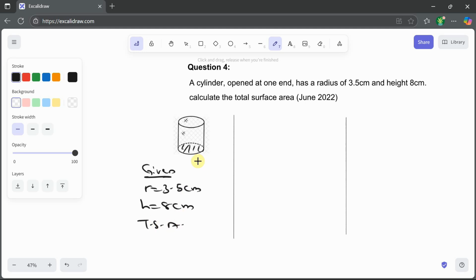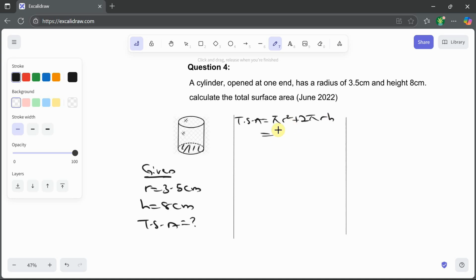So what is the total surface area? In this case, since this place is open, we are not including that area there. It's just one of the circular bottoms, right? Total surface area will just be one of them, which is pi r square, plus the area of the surrounding body, which we have discussed to be 2 pi r h.